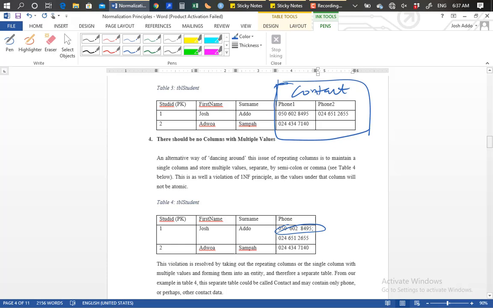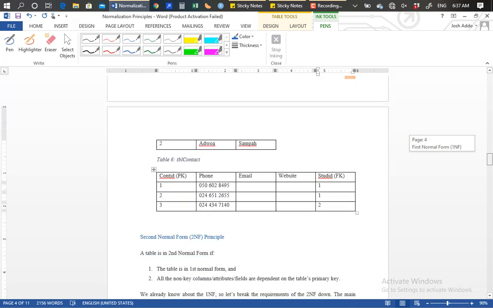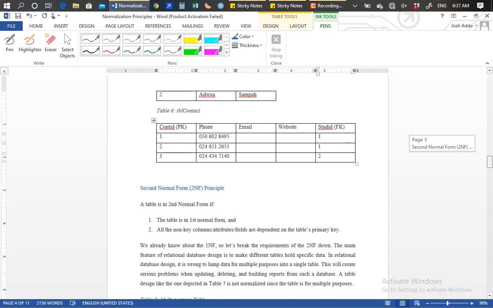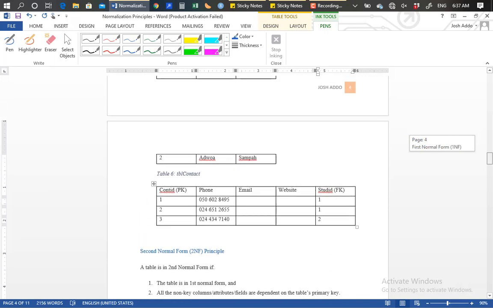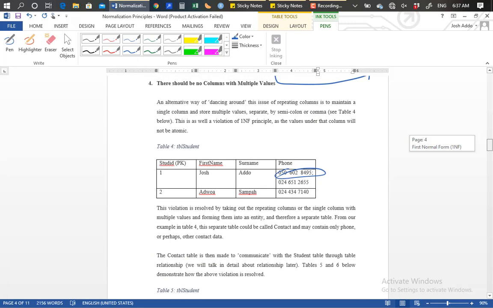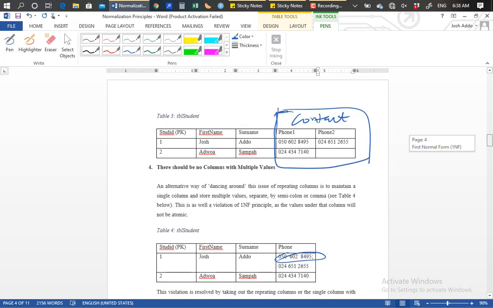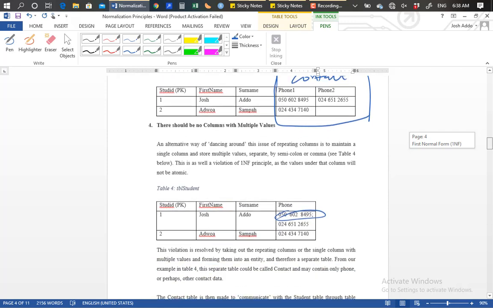This is compound because it is 2. And third, okay, so these are the main things we have captured under first normal form.